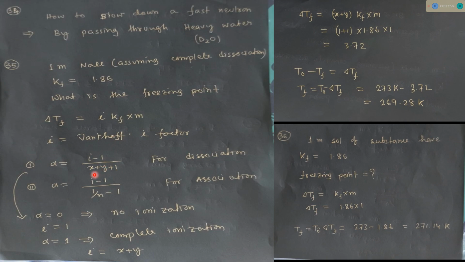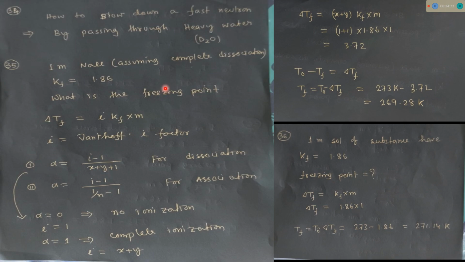In these questions we consider dissociation. If alpha equals 0, the degree of dissociation is 0, meaning there is no ionization, so i equals only 1. If alpha equals 1, it means complete ionization, and i becomes x plus y.